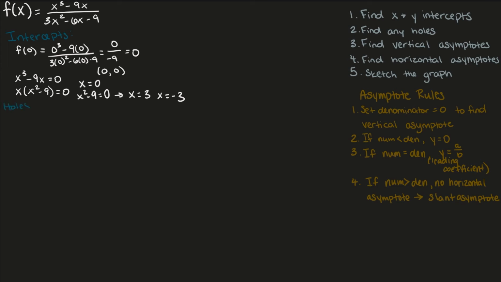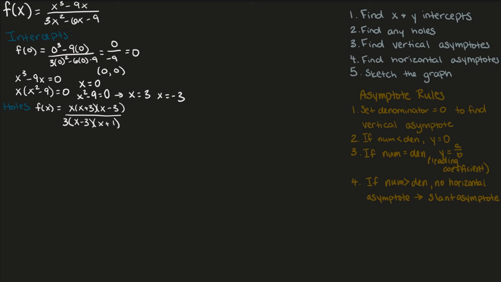Next we have our holes. So we find our holes wherever we can simplify our numerator and our denominator. We just saw when finding our intercepts that we can factor our numerator. So let's rewrite both our numerator and our denominator by factoring. f of x then becomes x times x plus 3 times x minus 3 all over 3 times x minus 3 times x plus 1.